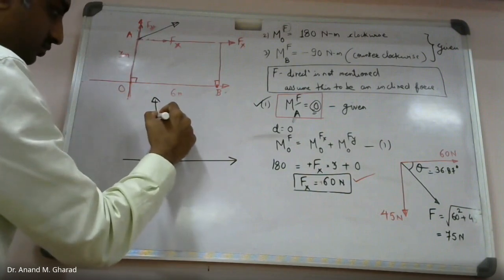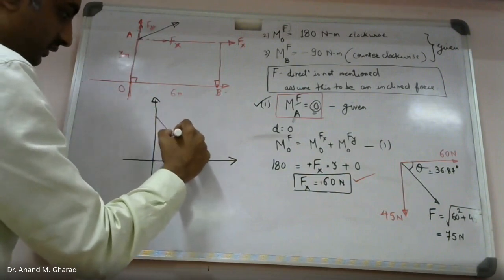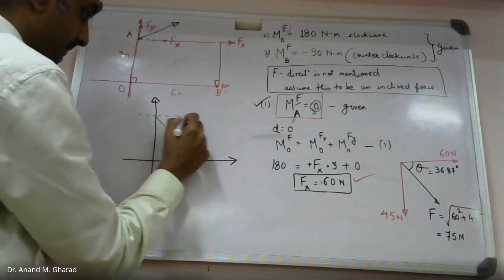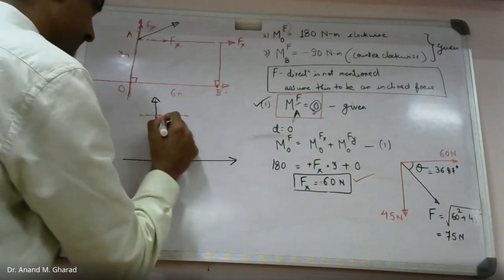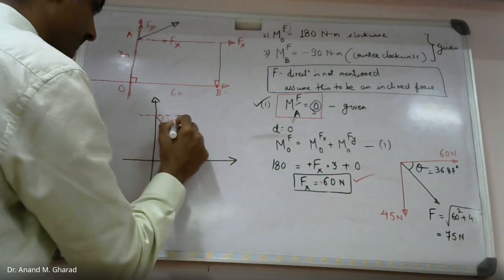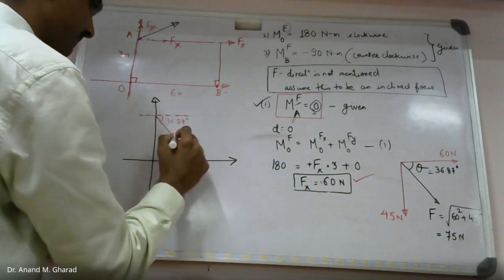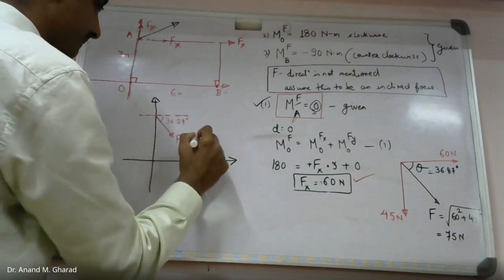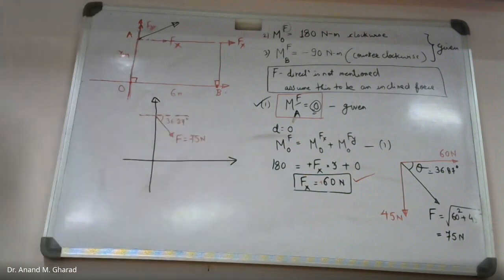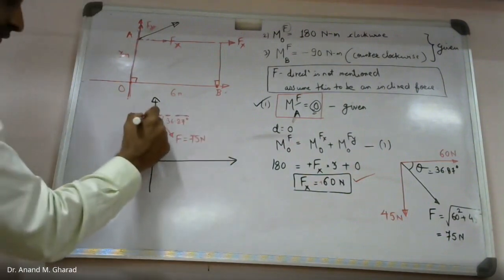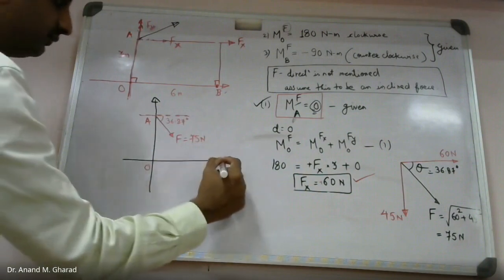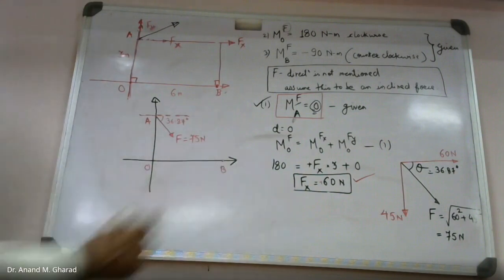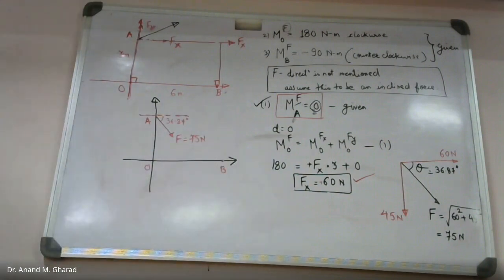This is point A, suppose. So it is acting like this. Okay? Is this understood? Is this understood to all?